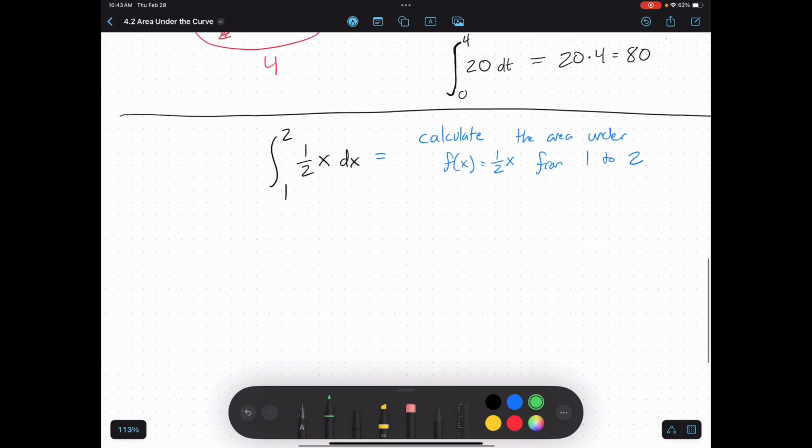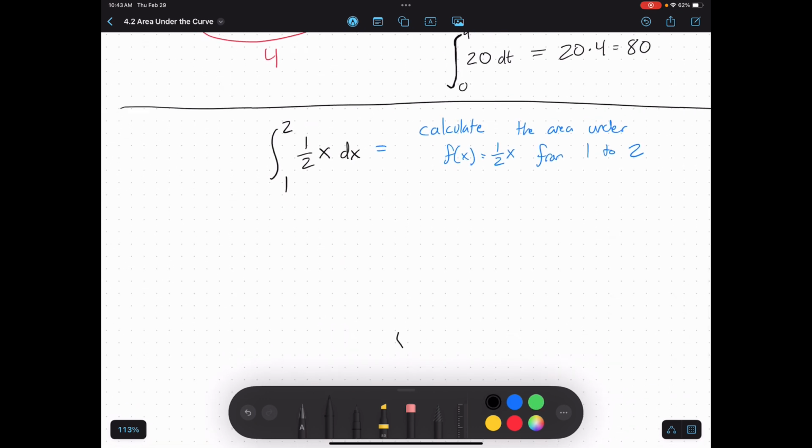Well, let's draw a picture of this and see what I get. Okay. So I know I'm going from 1 to 2, so those are going to be important x values here. If I were to graph 1/2 x, I get something like this, right? It starts at 0. My y-intercept is 0, so I'm starting there at 0.